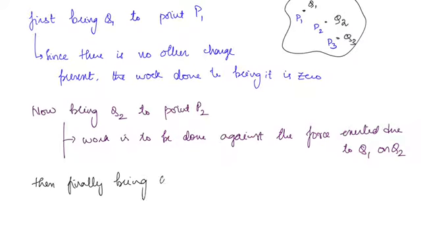Bring Q3 to point P3. Now what will happen? Work is to be done against the two forces exerted, one due to Q1 and the other due to Q2.